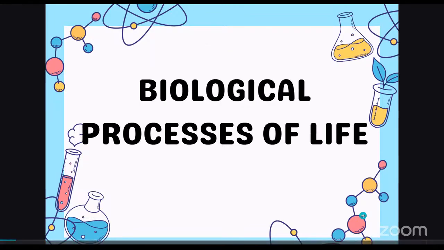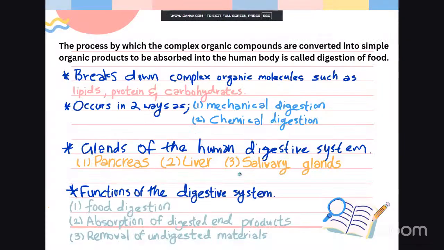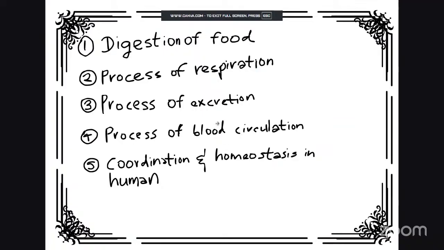When it comes to biological processes of life, you will be learning about five systems: digestion, respiration, excretion, blood circulation, as well as coordination and homeostasis.